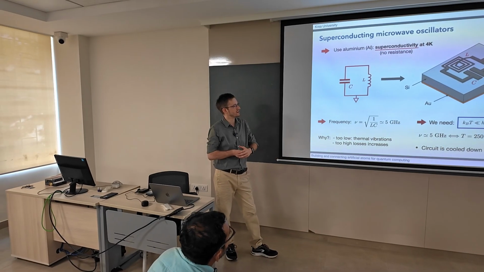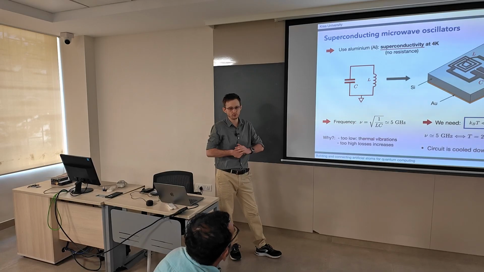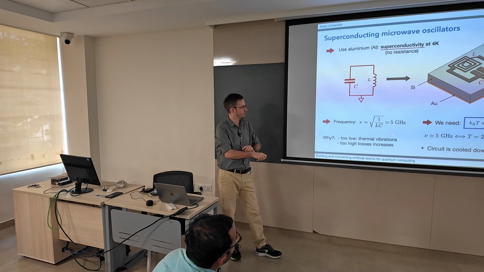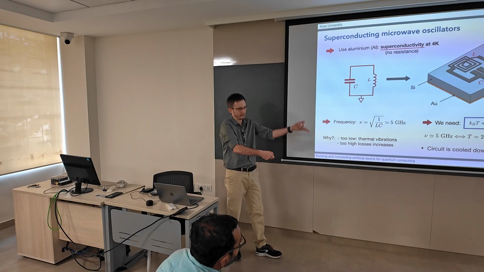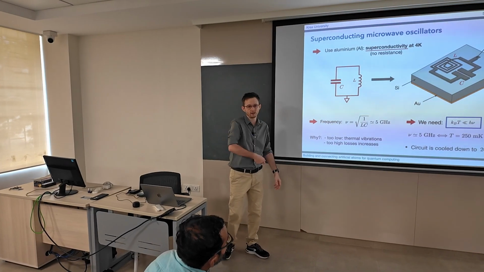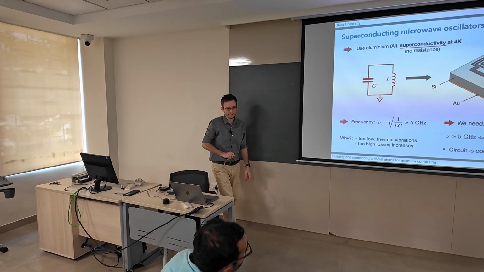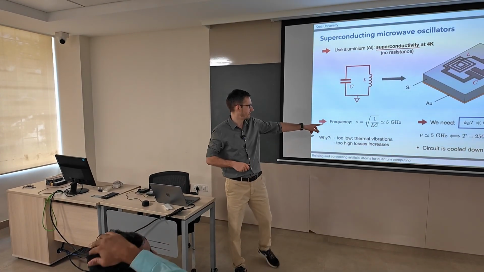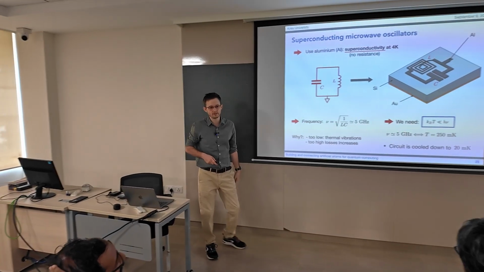So too high a frequency doesn't work. There's a sweet spot at this frequency. Too low is going to be a problem because of thermal vibrations, and as you say, we can't go infinitely low. But too high, we get too many losses, dielectric losses especially in the circuits. There's an optimum around 5 gigahertz. This is basically what we play with.